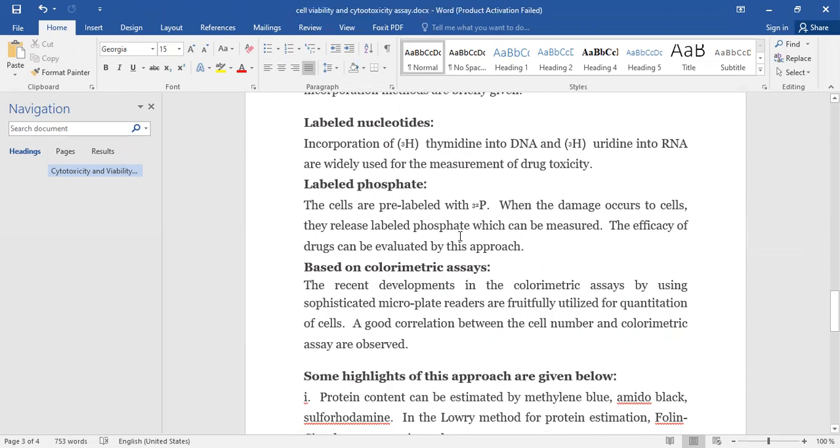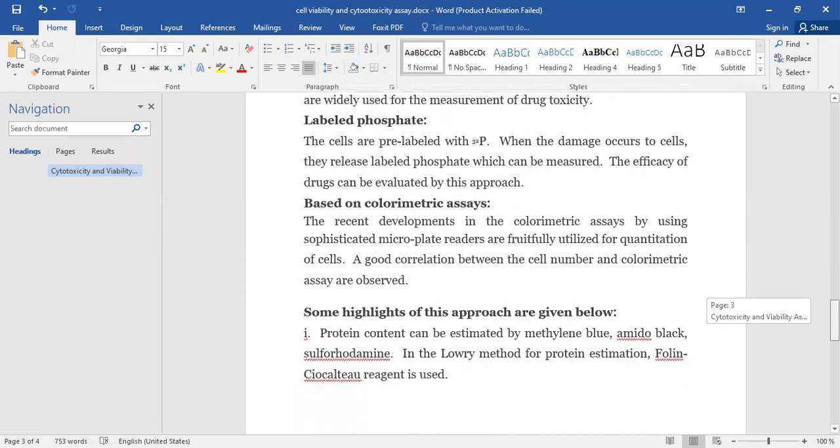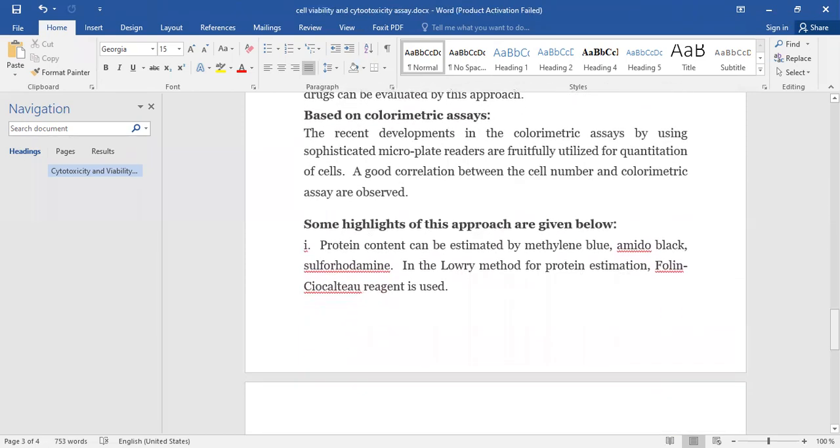So it is also used for the analysis of viable cells. And colorimetric methods can also be used for the analysis of viable cells, the cells which are currently living. These are the methods used for the analysis of viable cells, meaning the cells which are surviving in the animal cell culture.